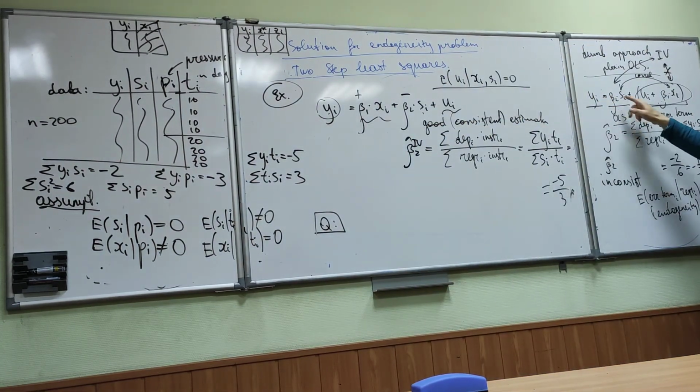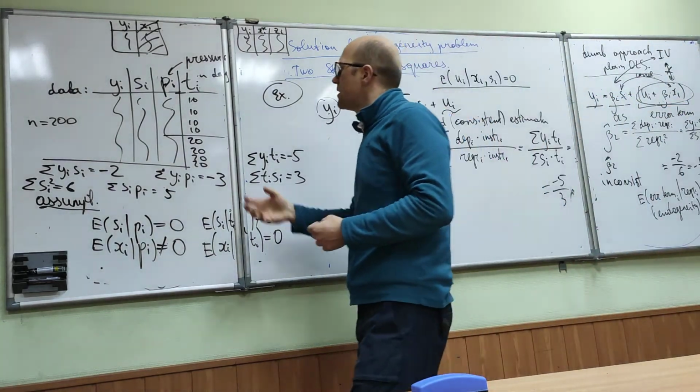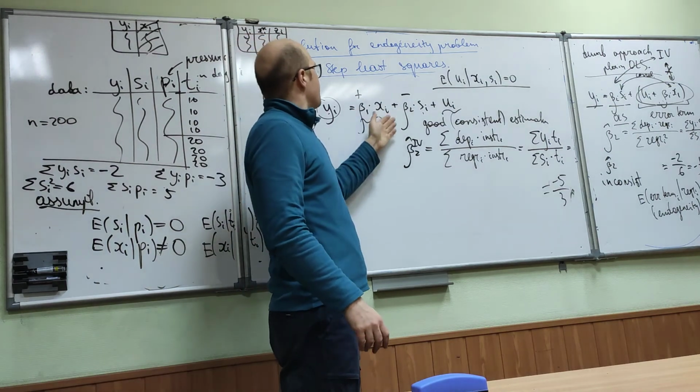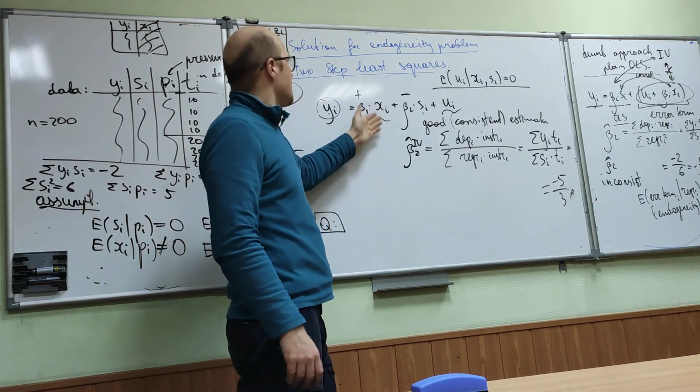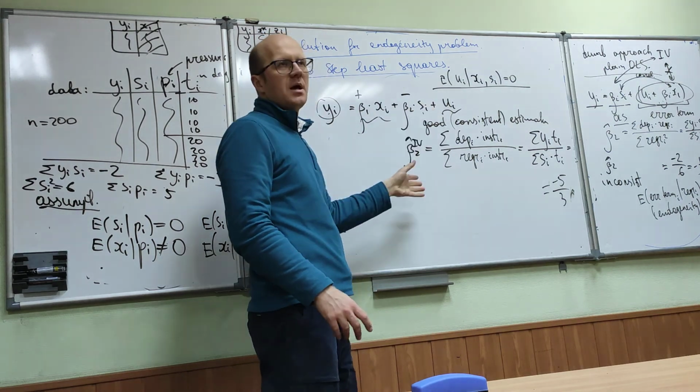Y is the dependent variable, S is a regressor but a bad regressor, and this is the error term, so we need an instrument, a new variable that is correlated with S but not correlated with the error term. X is indeed, you may call it a regressor, but in the dream equation. If you had X and S, just regress Y on X and S and be happy.